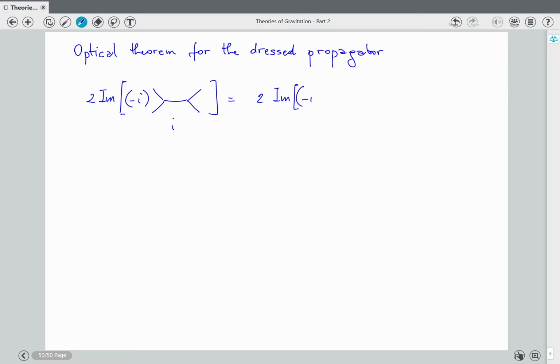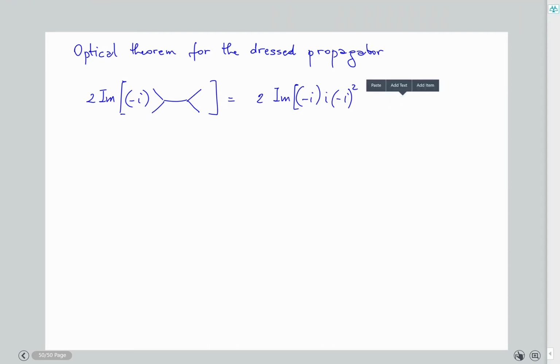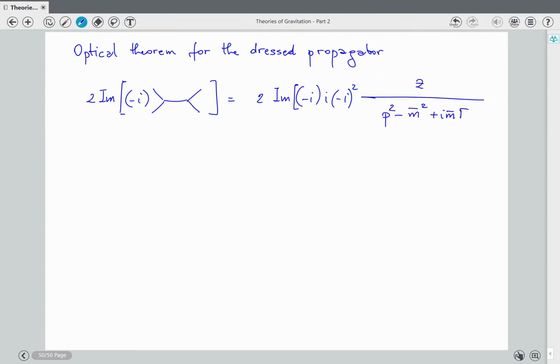There is a minus i, because there is a minus i there. There is an i for the propagator. There is an i for each vertex, or actually the vertices have minus i, if you want. It doesn't change anything. Times the propagator. So we have to compute this imaginary part.